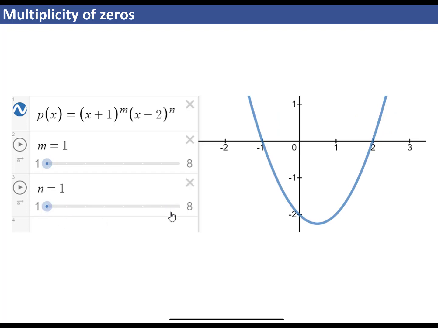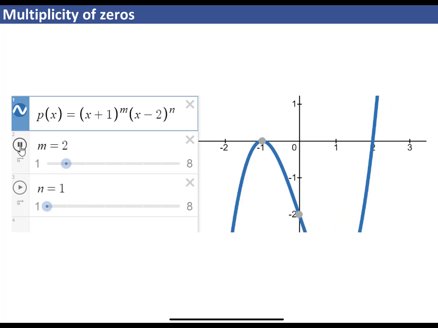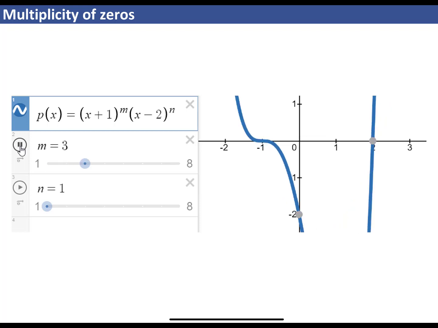I'm going to slowly increase the multiplicity of x plus 1 to the m and observe how the graph behaves at the related zero of x equals negative 1 as the multiplicity increases. Multiplicity 4, 5, 6, 7, and 8.